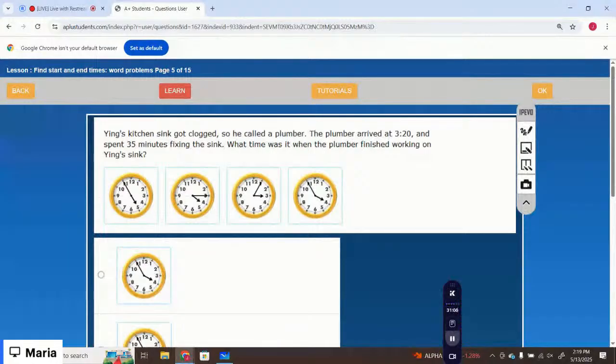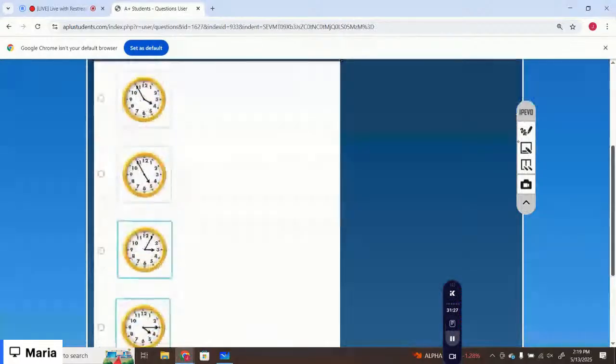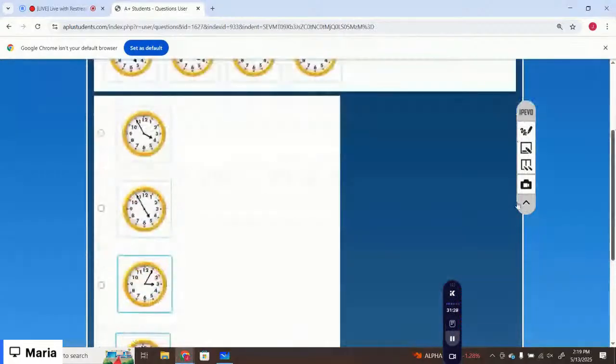Which is the correct option? That would be 3:55. Option number A is the correct option.